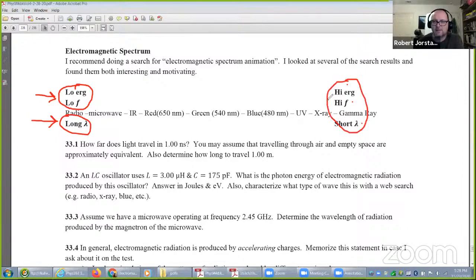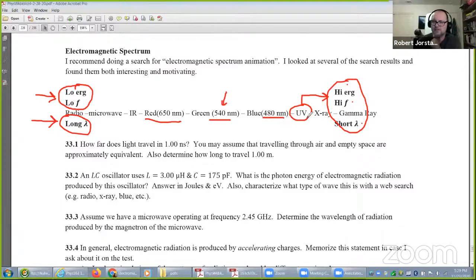Now, this is how I remember it. UV can give you skin cancer. Clearly, that's high energy, right? And then I remember this, maybe this helps you remember. I just sort of have 3 wavelengths approximately memorized. These are not perfect. There's many different colors of green, for example, 535 or 542.3. These are only approximate.